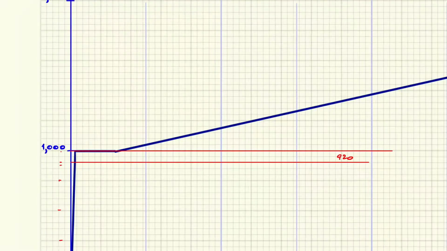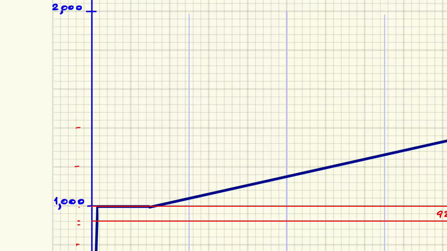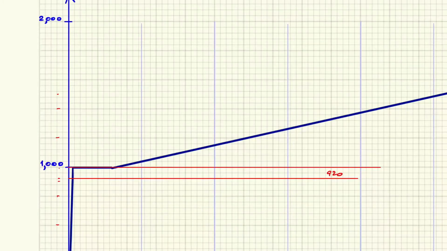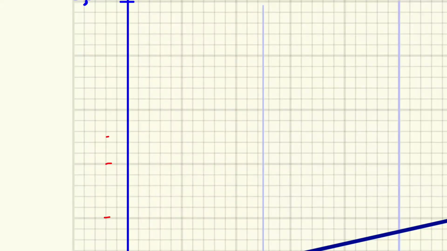So 1000, 1200, 1400, 1500, 1544. So 1500 is here, 1520 is here, 1540 is here.